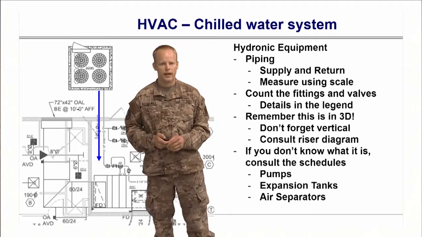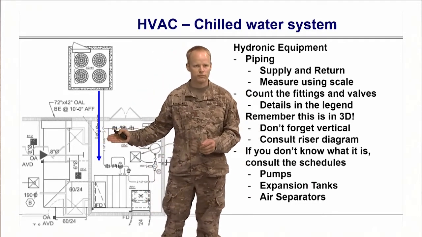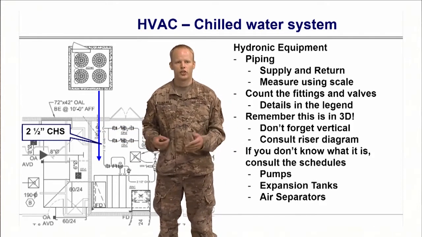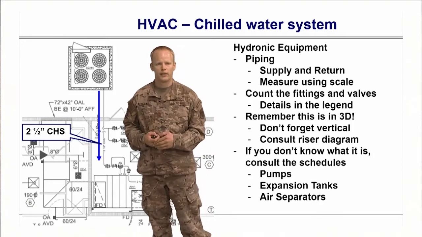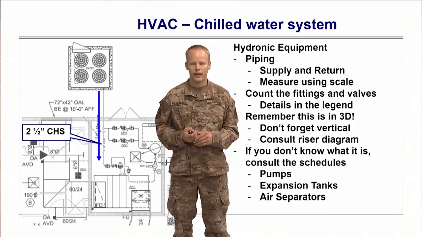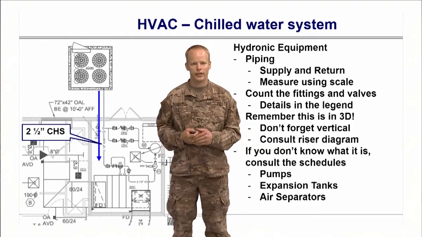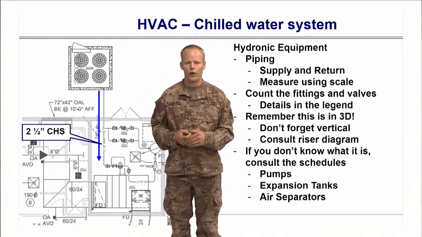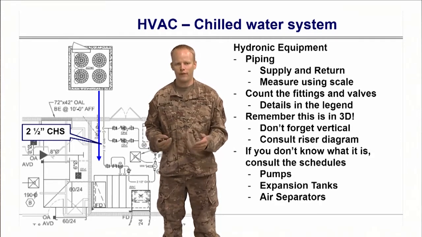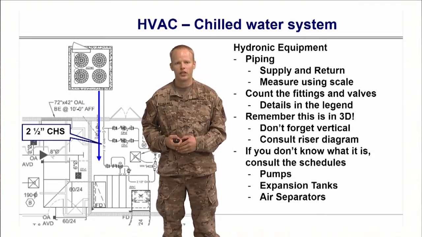And there's also a label right here that has the size of the pipe. So you're going to see 2.5-inch chilled water supply, CHS. Consult your glossary, your key, on what the labels mean. But 2.5 inches, that's the size of your pipe. So you can measure that.